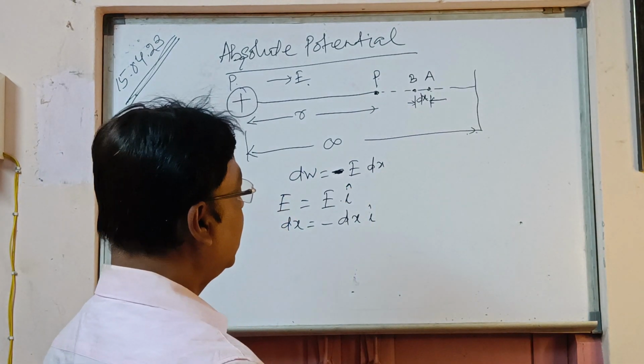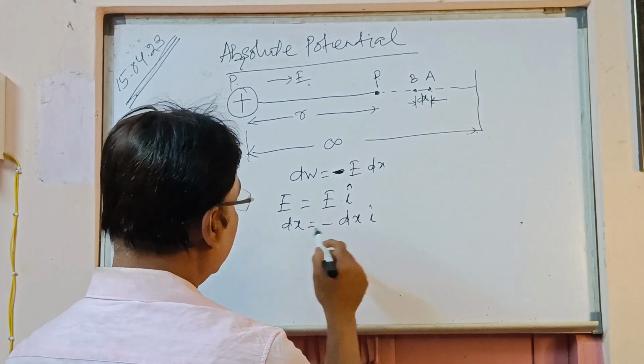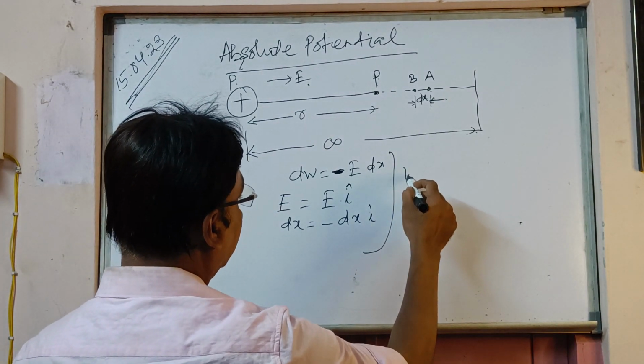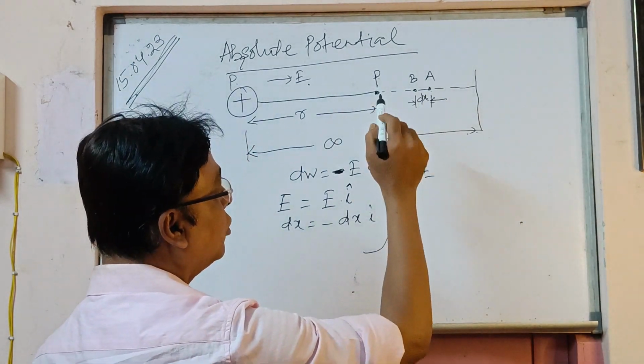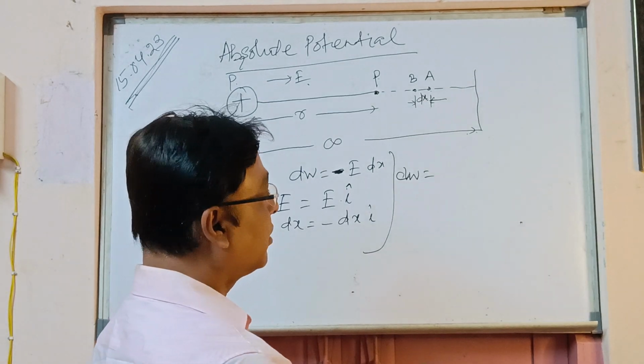Because we are moving the unit positive charge, we can write dW, and we are moving from A to point B against the electric field.